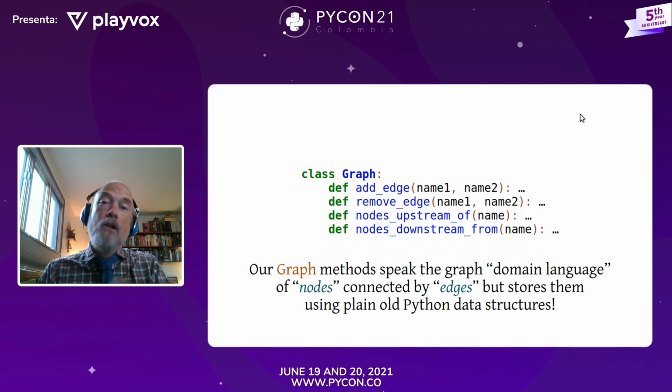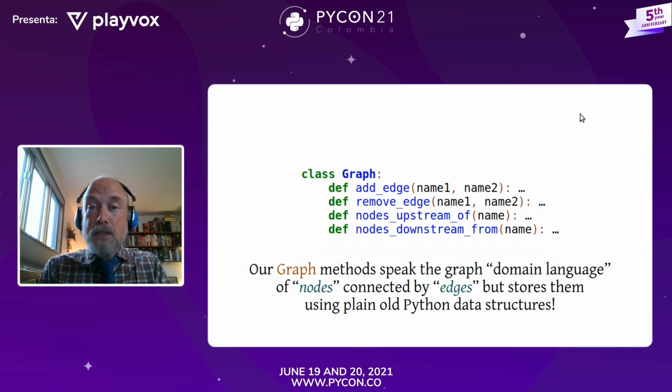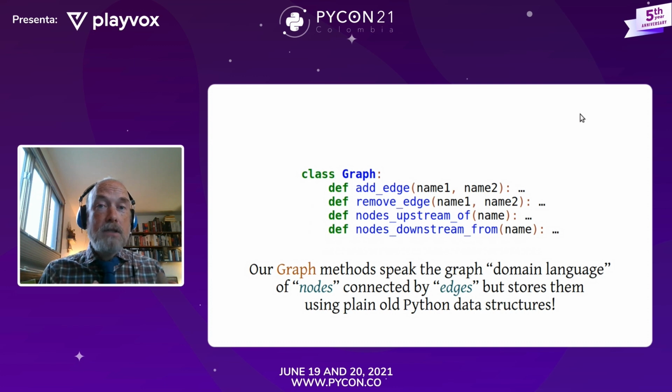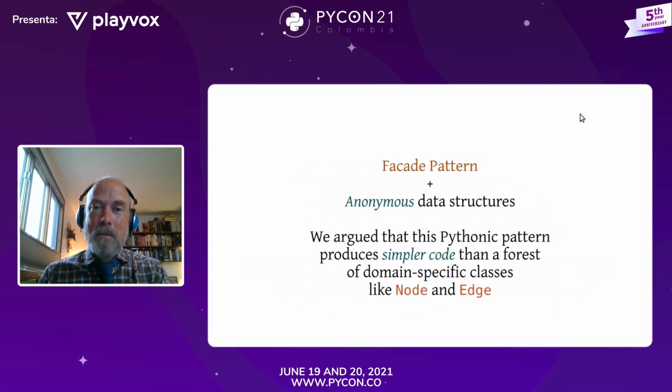It uses the full vocabulary of the domain. Our graph methods speak the graph domain language of nodes connected by edges, but it stores them behind the scenes using plain old Python data structures, making things simpler, but hiding that representation from the user.